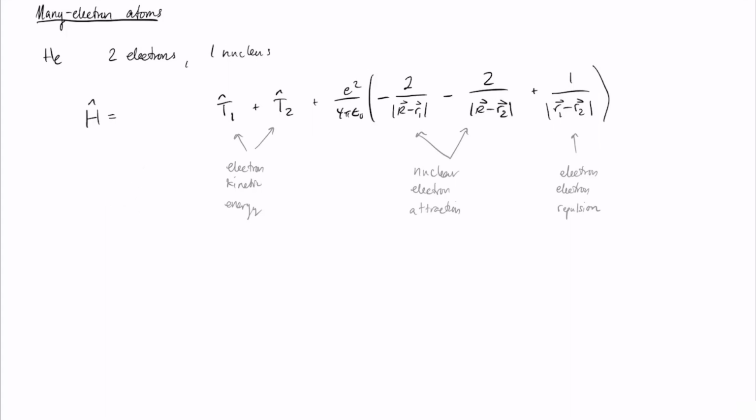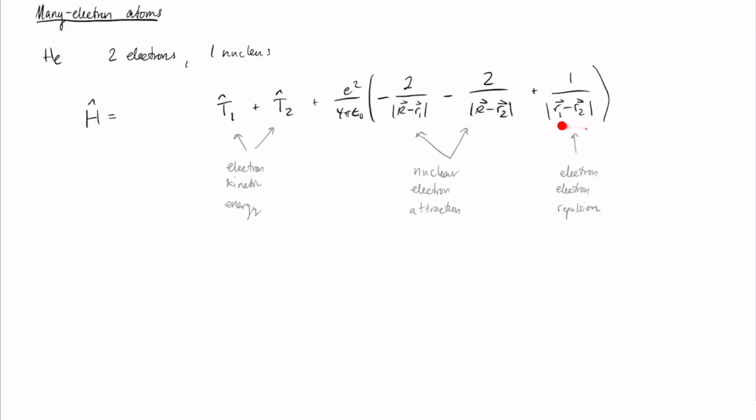And here's what we're left with. Okay, and this makes it a lot simpler, but it turns out that even this is too complicated to solve exactly analytically by hand. And the real culprit is this little bugger right here, this electron-electron repulsion term. If this weren't here, then what you'd have is basically two independent hydrogen-like electrons.